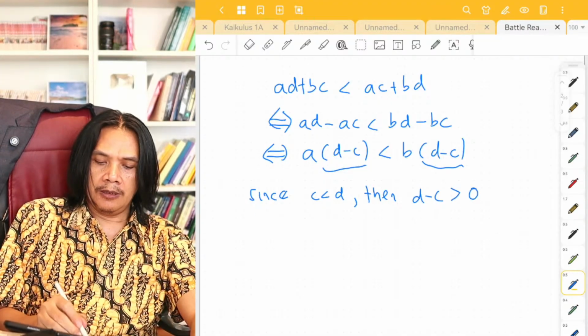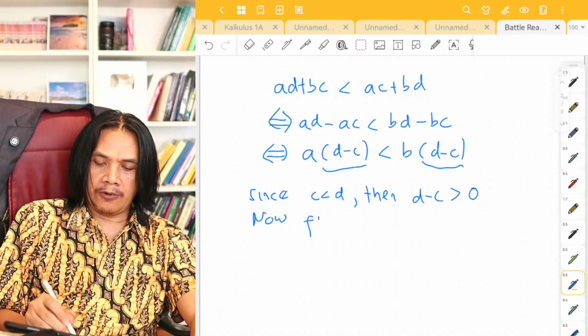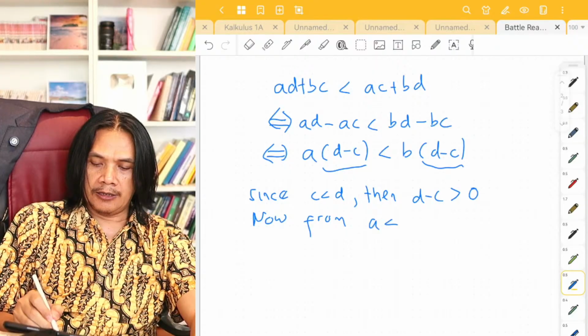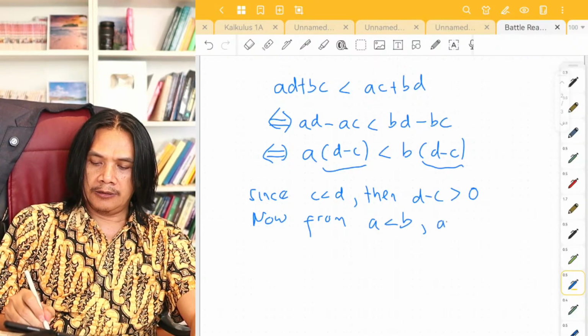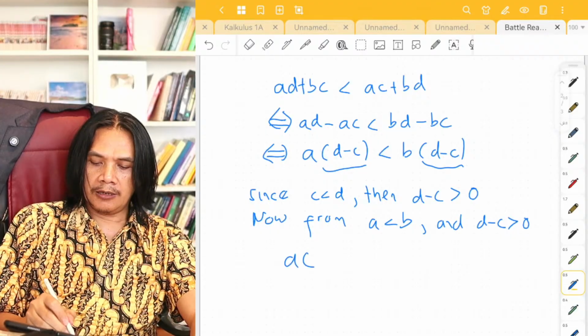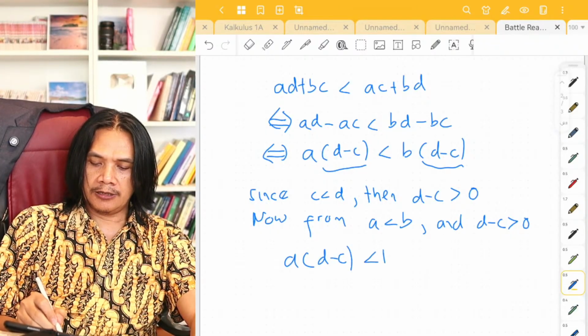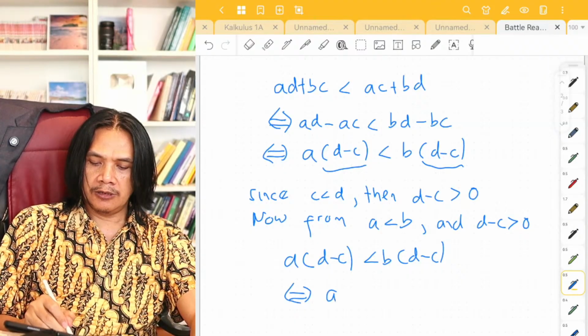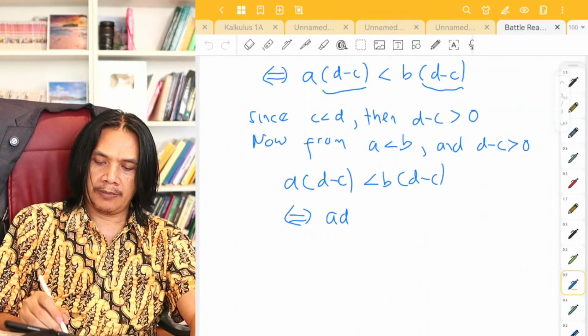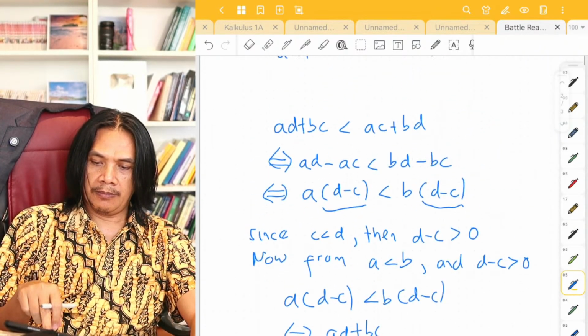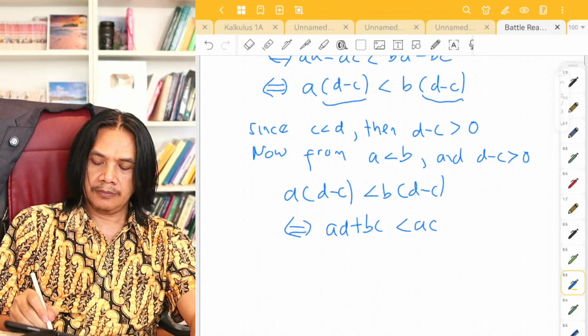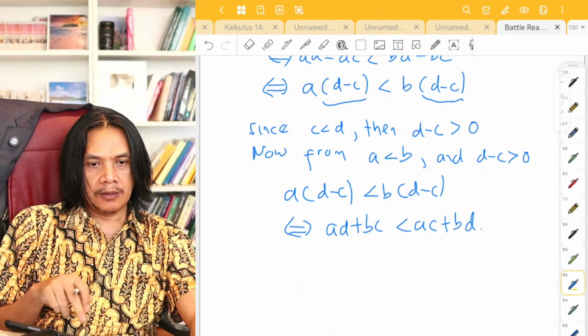Now from A less than B and D minus C positive, A times D minus C is less than B times D minus C, but this is equivalent to AD plus BC and BAC.